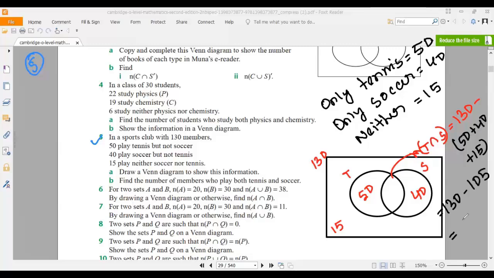So the number of members who play both soccer and tennis will be 130 minus 105, that is 25. So the number of members who play both tennis and soccer is 25.